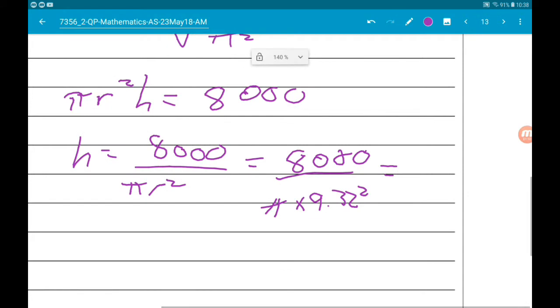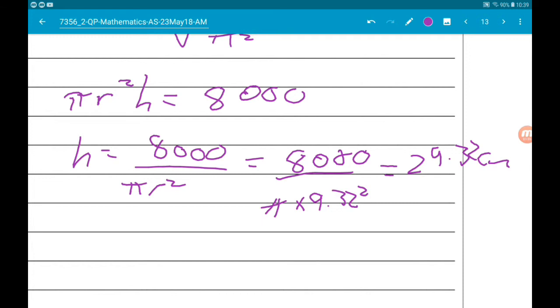Now that is going to give us 29.32 centimetres. So we've got these values of r and h.